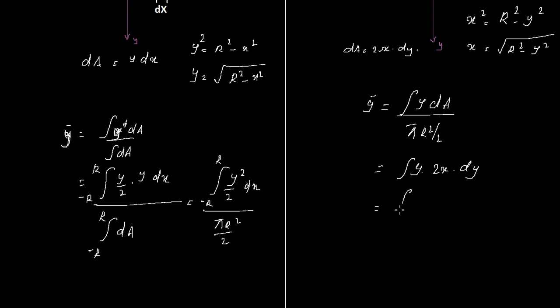That will give you integral y into 2 into square root of r squared minus y squared dy. We are keeping this term away for the time being, and we will take it into consideration after finishing this integration. So this will be 0 to r.